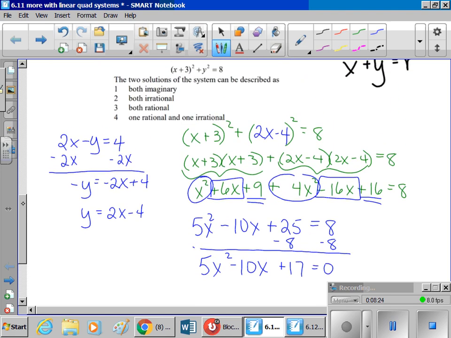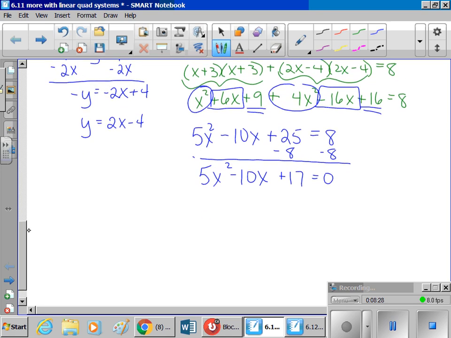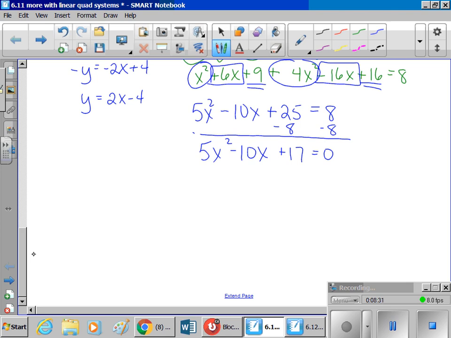What does it say as far as the answer choices? It says both imaginary, both irrational, both rational. So it means we're probably going to have to use the quadratic formula here because it's telling me that I could have irrational roots. So x equals the opposite of b plus and minus the square root of b squared minus 4 times a times c, all over 2a.